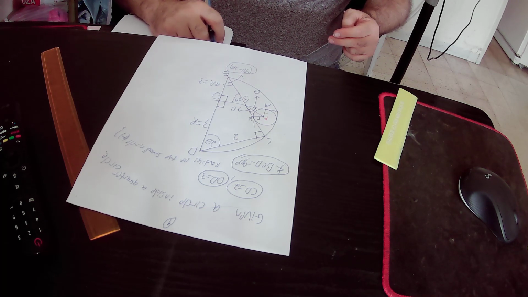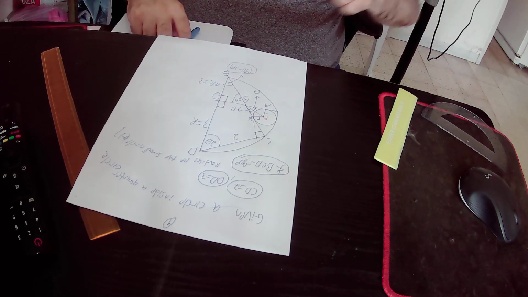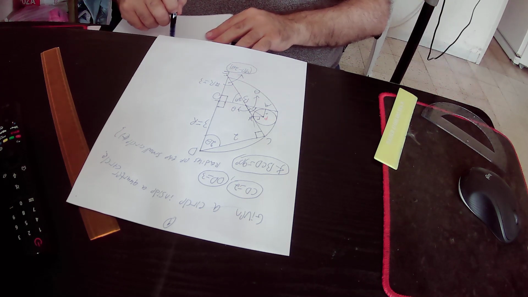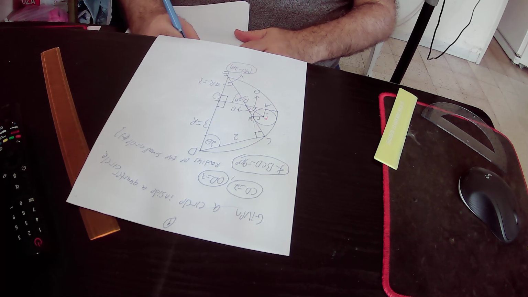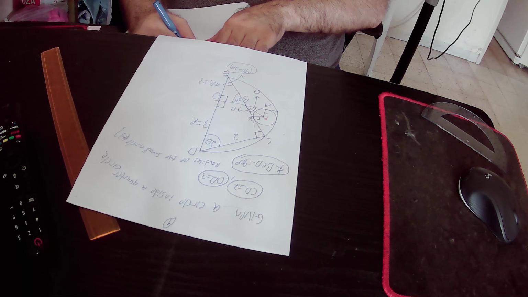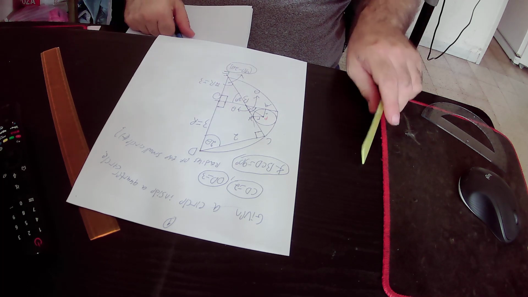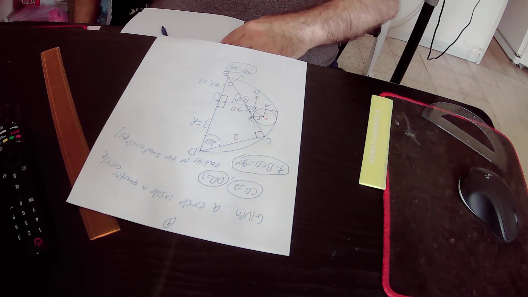So if we focus on the big right triangle, triangle CDE, because it is a right triangle, we can implement the Pythagoras theorem in the right triangle CDE. That is to say, the square of the hypotenuse equals the sum of the squares of the perpendiculars.